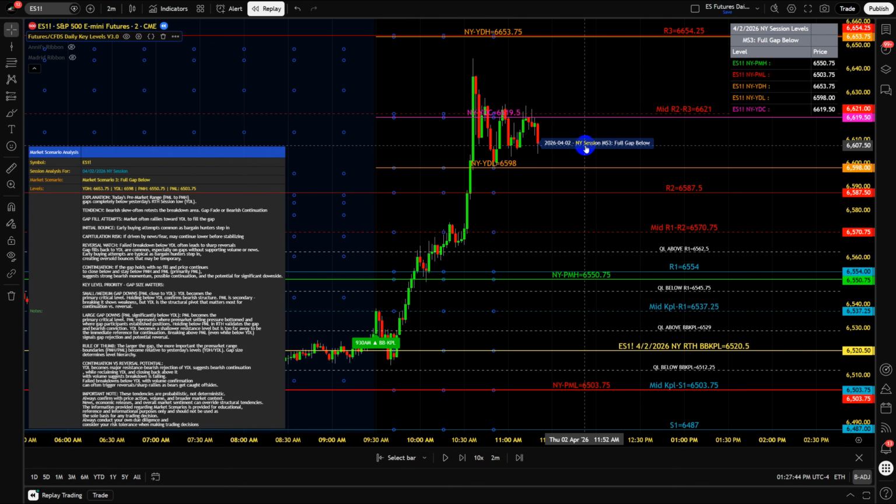Where these become most important is when you're looking at historical sessions, because these labels will be in each historical session. And historical sessions can be very useful as far as analyzing your trade setups and trying to narrow it down by seeing patterns of whether your particular trade setups or the particular key levels you prefer to trade perform a lot better during certain market scenarios rather than others.